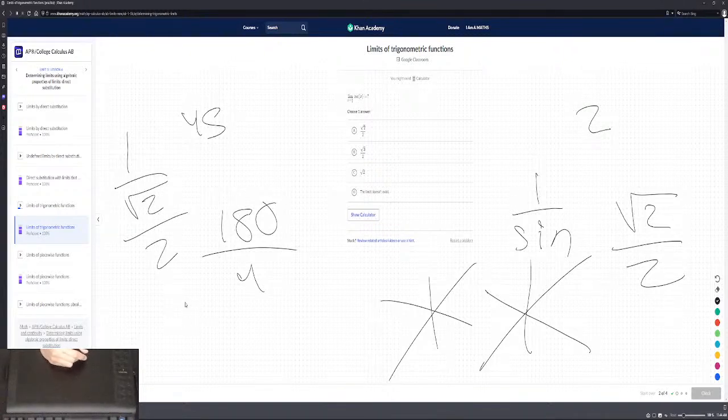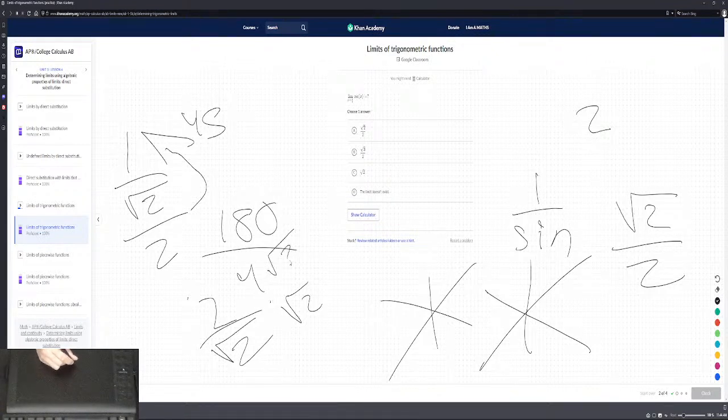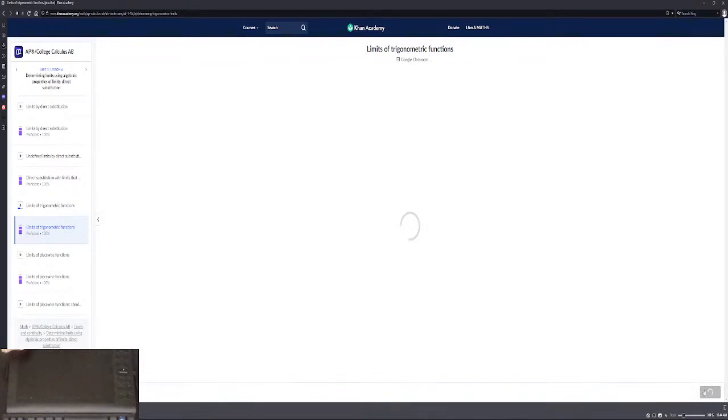Then you translate this up to the numerator. And you get 2 over 2. And then you'd multiply the top and the bottom by that. And you'd end up getting square root of 2 over 2. I guess not.